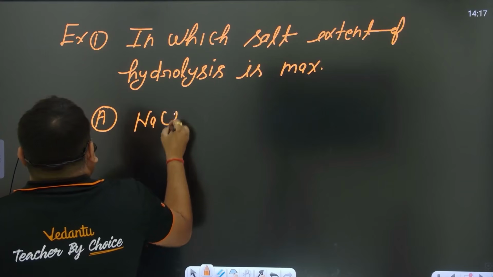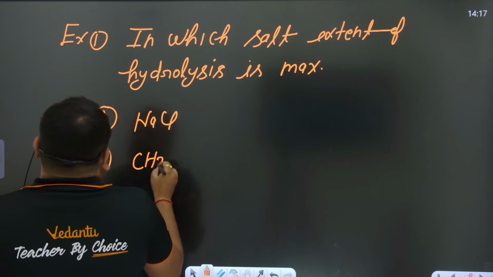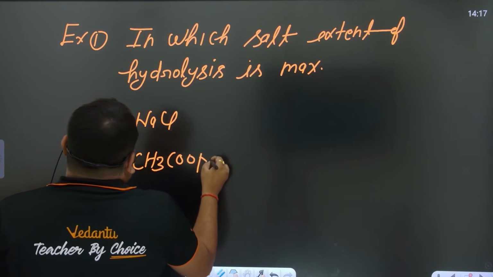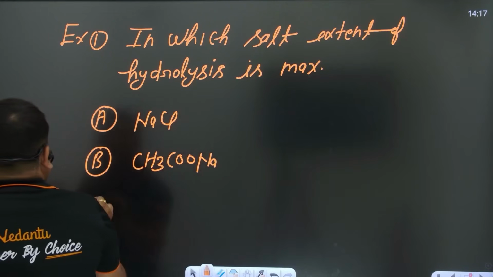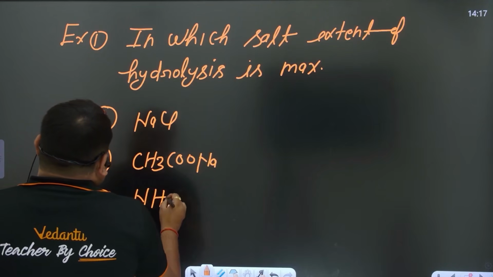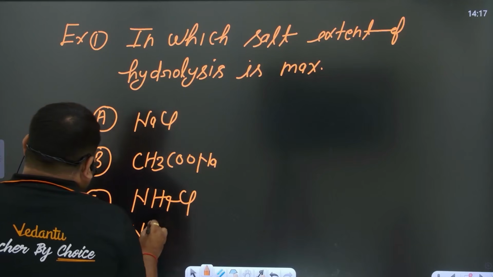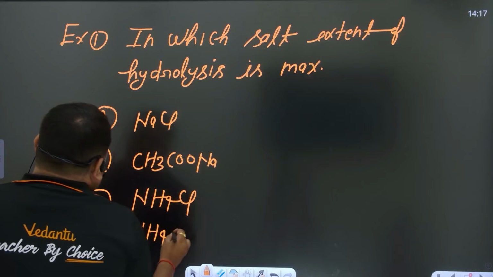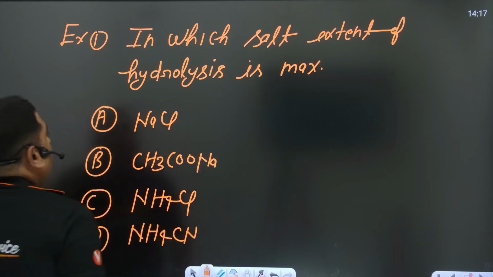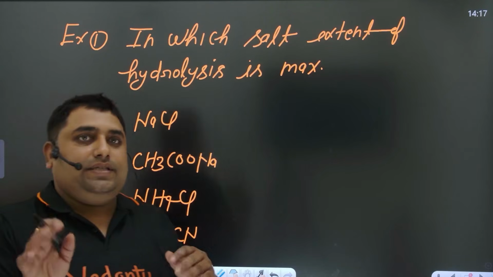Option B is CH3COONa, sodium salt of acetic acid. Option C is ammonium chloride. Option D is ammonium cyanide. Now you have to check in which case extent of hydrolysis is maximum.